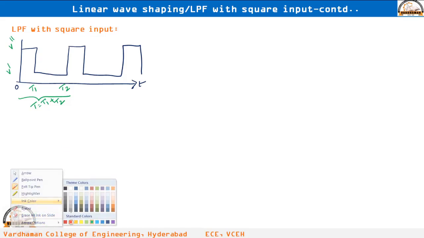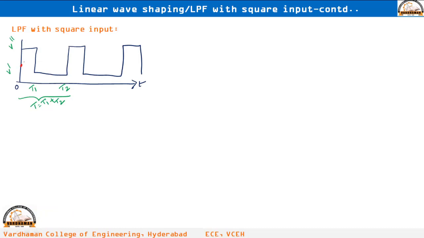Now I am considering the output in the steady state only. Always it rises to the same voltage level V1, V1, V1 and falls to the same voltage level V2, V2, V2, and continues like this. Here we need to get the V1 value and V2 value, that is our intention.